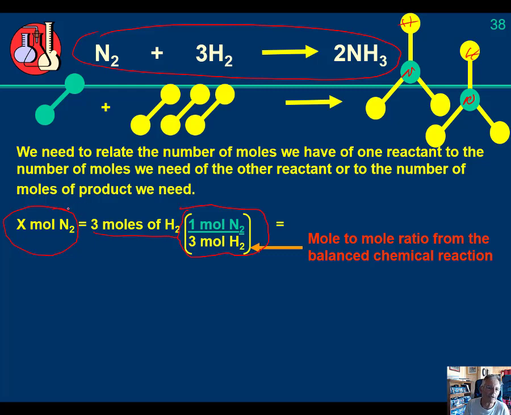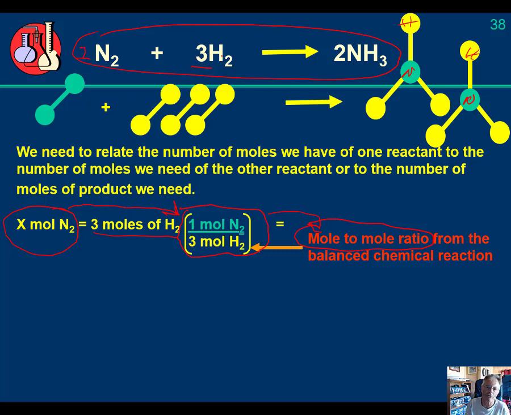All right, so here's the deal. The X factor winds up being the numerator in what we call the mole to mole ratio. And we get the mole to mole ratio from the coefficients from the balanced chemical reaction. If there's no coefficient, it's understood to be 1.